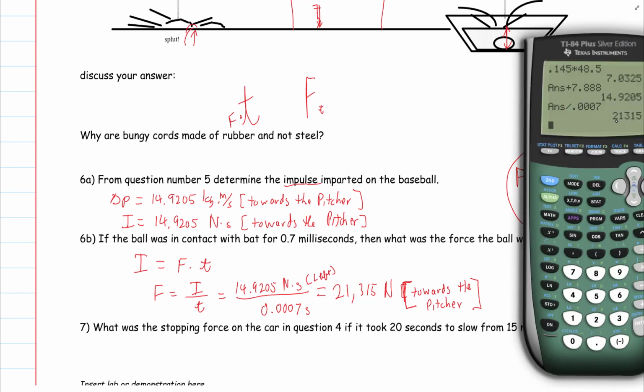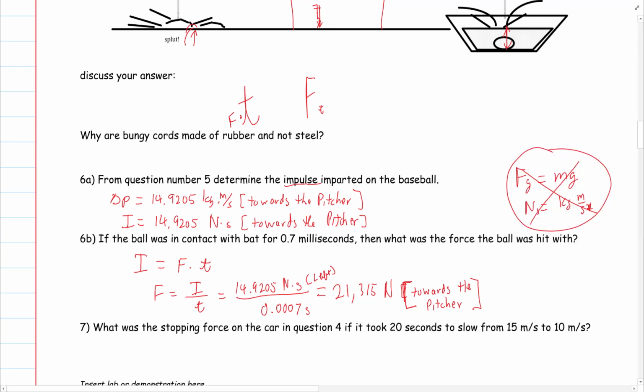This is the force divided by the mass of the ball, which was 0.145, and we got an acceleration of 147,000 meters per second squared. Divide that by 9.8, and the baseball would experience 15,000 g-forces.